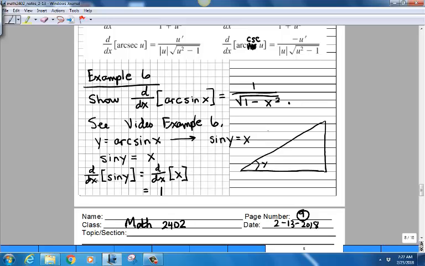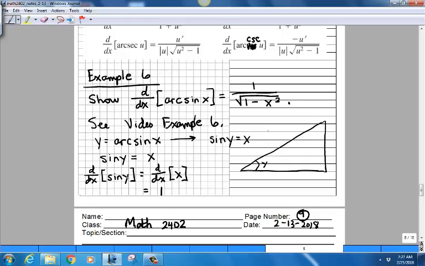But taking the derivative with respect to x of sine of y is a little bit trickier, because the variable we have in the sine function is y, which itself we're thinking of as a function of x, namely arcsine of x. So we have to recall our knowledge of implicit differentiation back from your Calculus 1 course to help us find this derivative.